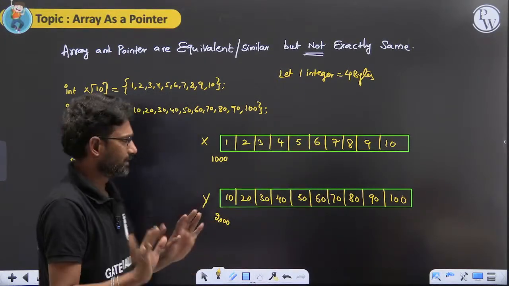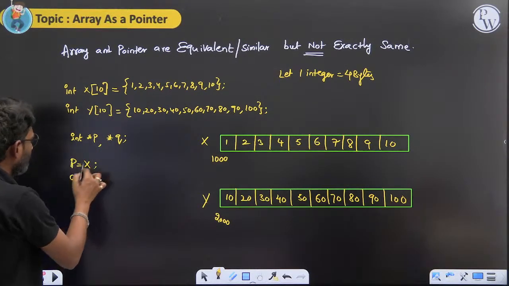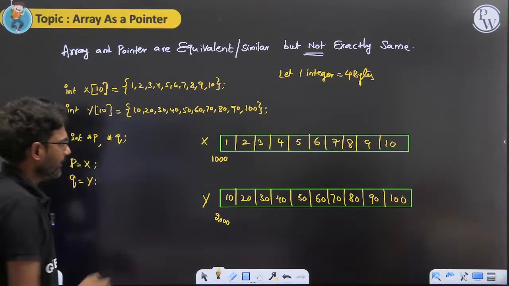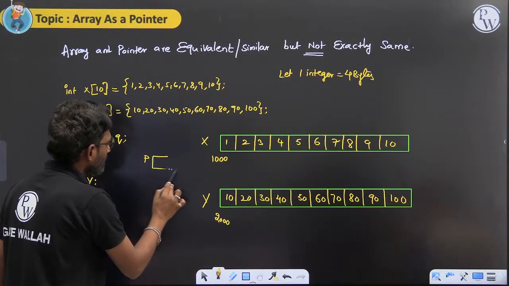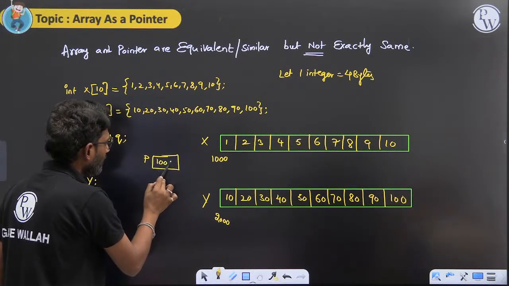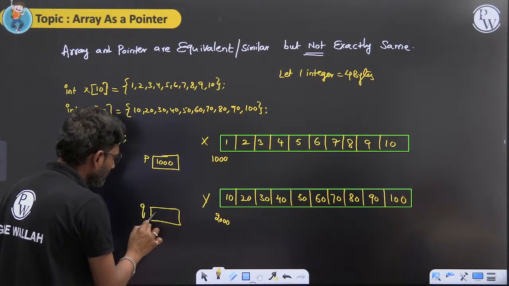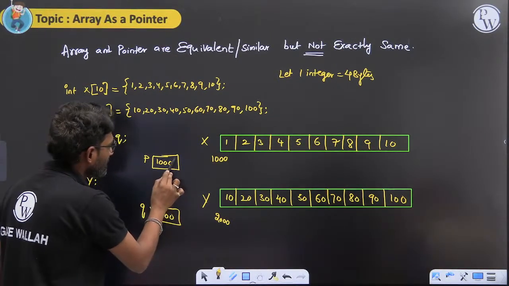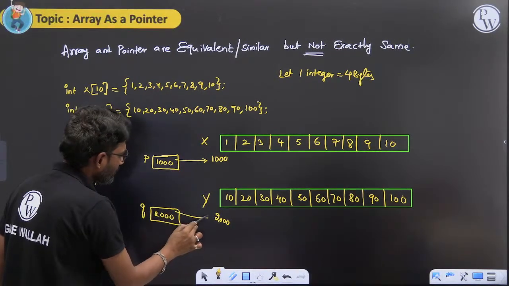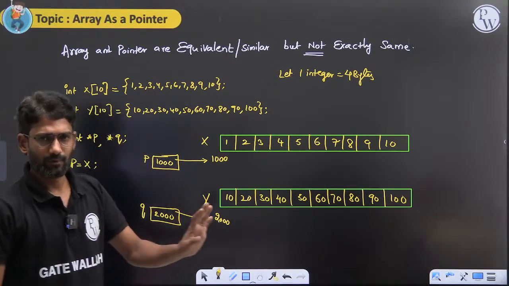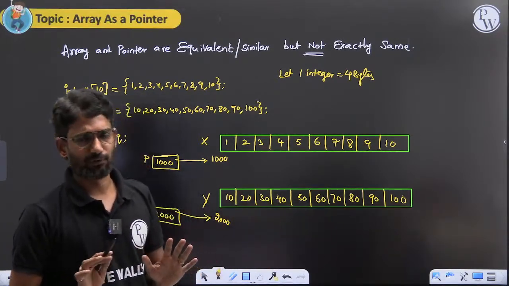That I am not writing. Now when I am pointing P to X and Q to Y, P is holding 1000 and Q is holding 2000. That means P points to X and Q points to Y. Till this it is very much clear, very straightforward.